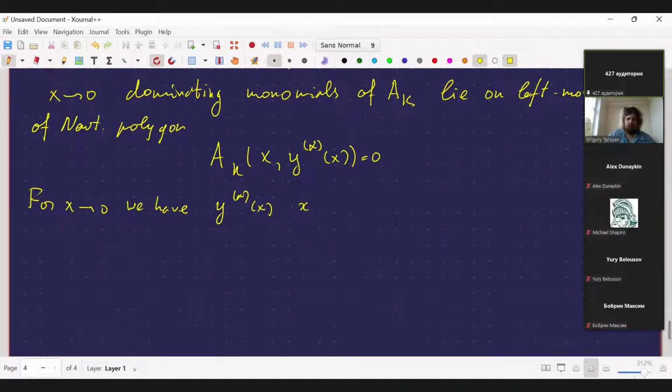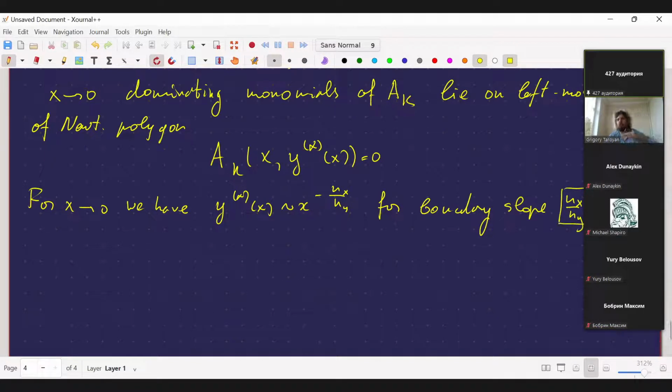So there is a fraction with numerator y_alpha and denominator x to the power minus nx over ny, which tends to 1 when x tends to 0 for some boundary slope nx over ny. So nx is a shift over x degree and ny is a shift over y degree.